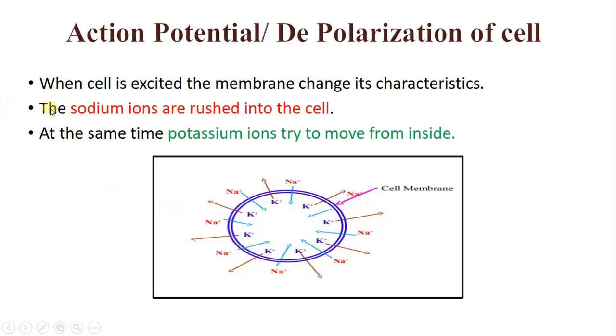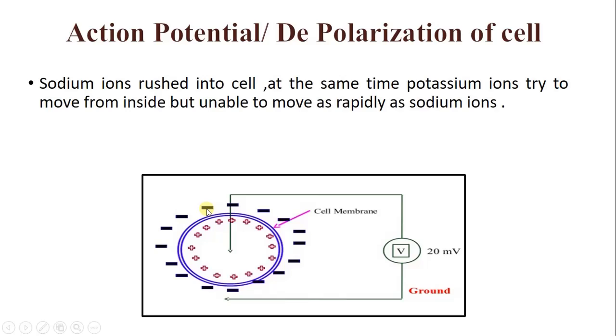So the same is written here: the sodium ions rush into the cell, and at the same time the K plus potassium ions try to move from inside to outside. Sodium ions rush into the cell, at the same time the potassium ions try to move out but are unable to move as rapidly as the sodium ions.